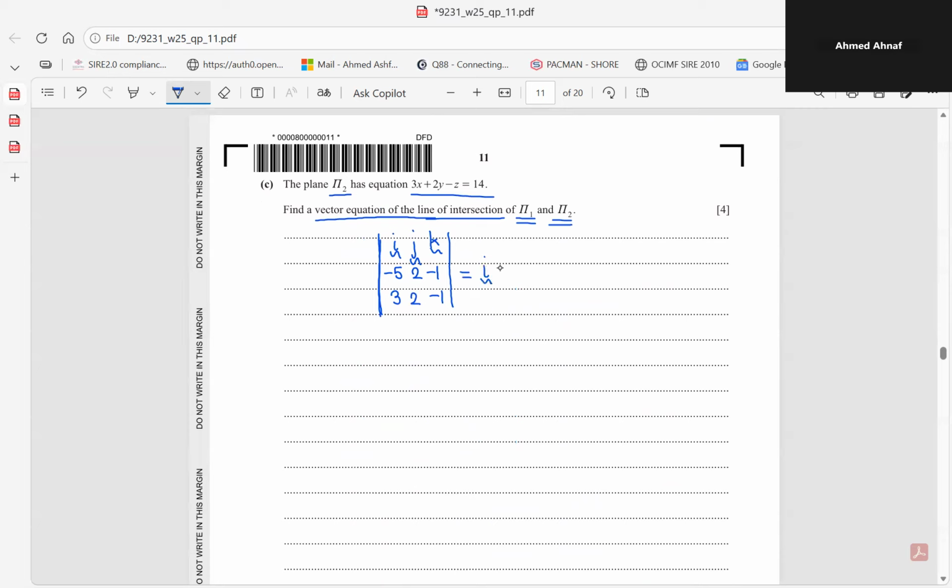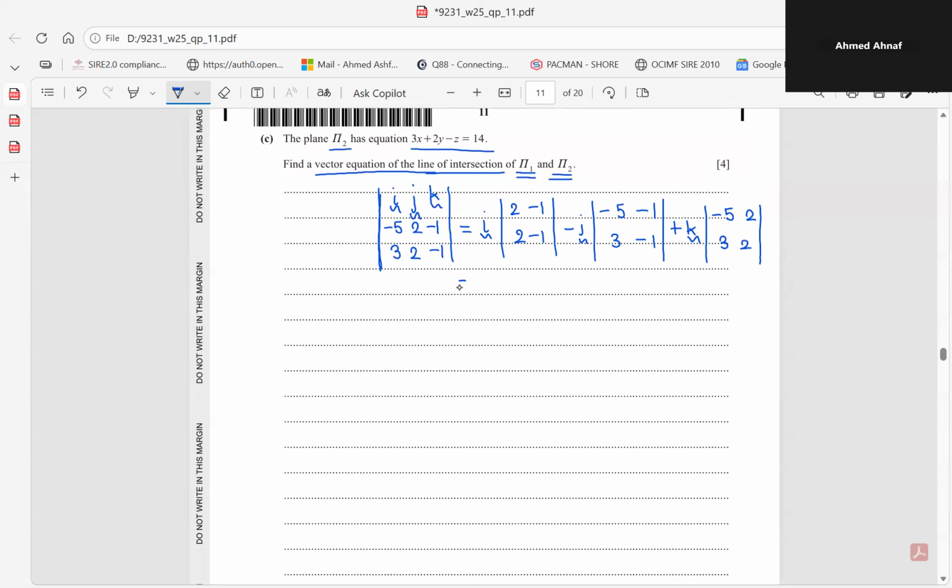So for i, it's 2 times negative 1, which is negative 2, minus negative 2.